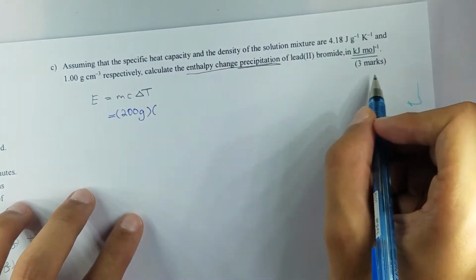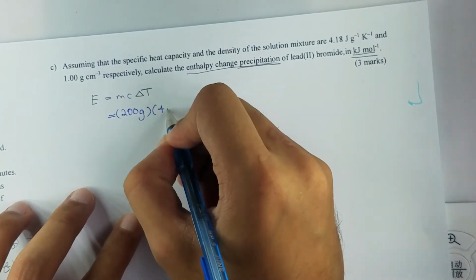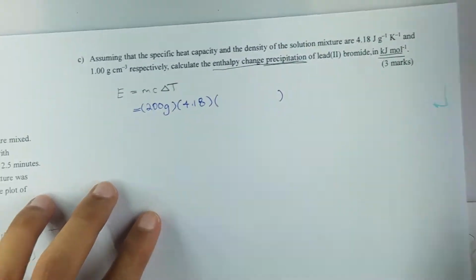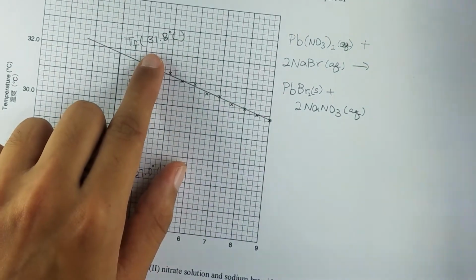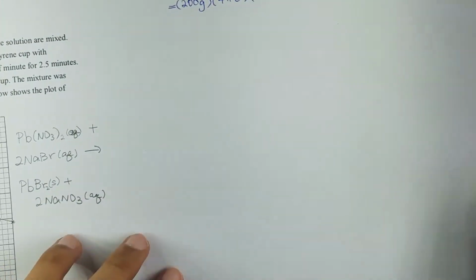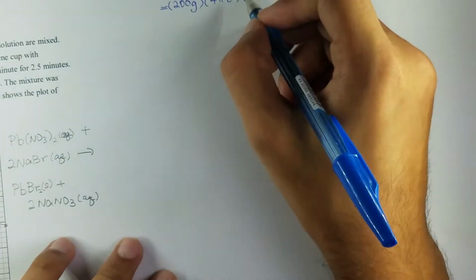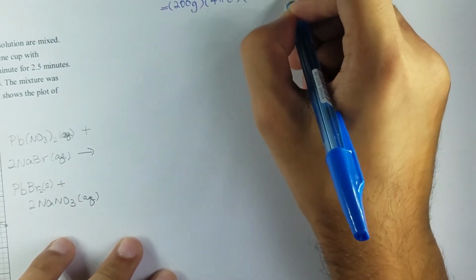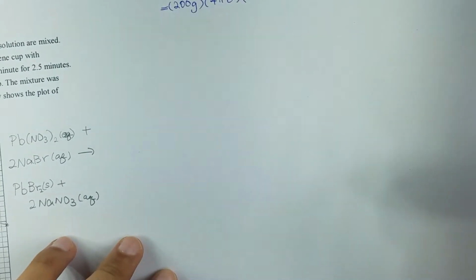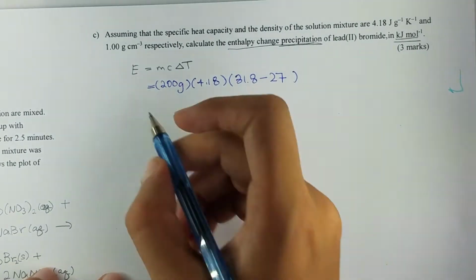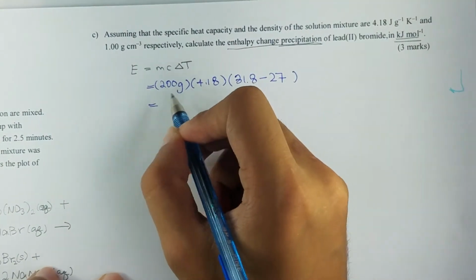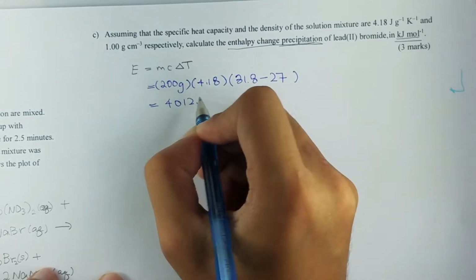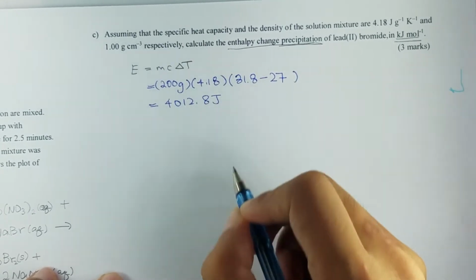Specific heat capacity is given already, 4.18. Now delta T, the change in temperature. Maximum is 31.8, minimum is 27, so we get 31.8 minus 27. After the calculation, your answer should be 4012.8 joules.